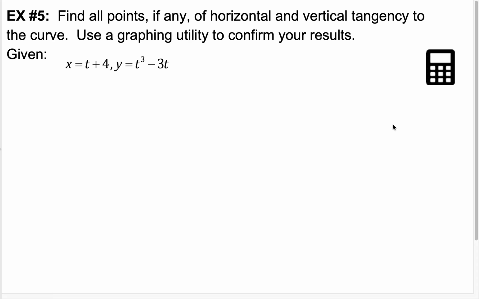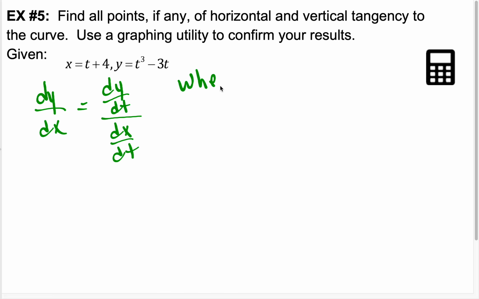All right, example 5. We're going to find all points, if any, of horizontal and vertical tangency to the curve. We're going to use a graphing utility to confirm the results. All right, so here we go. We're going to find dy/dx, so that's dy/dt over dx/dt.